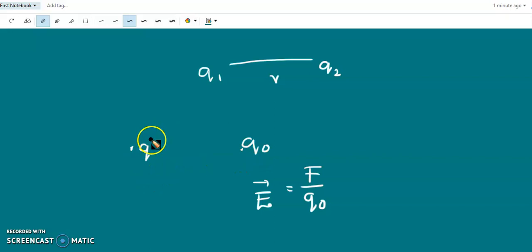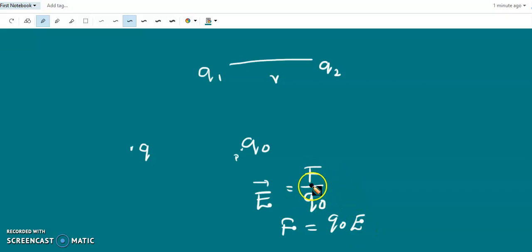Suppose we have to measure the electric field intensity at a point P, then it is the force experienced by a unit positive charge placed at that point, and therefore we can write F is equal to Q0 times E. So the force of interaction at a particular point P is the charge at that point multiplied by the electric field intensity at that point.